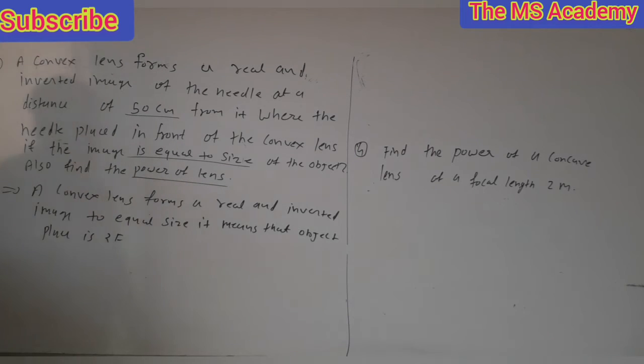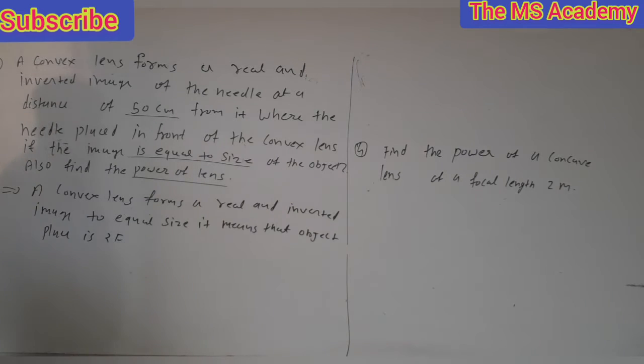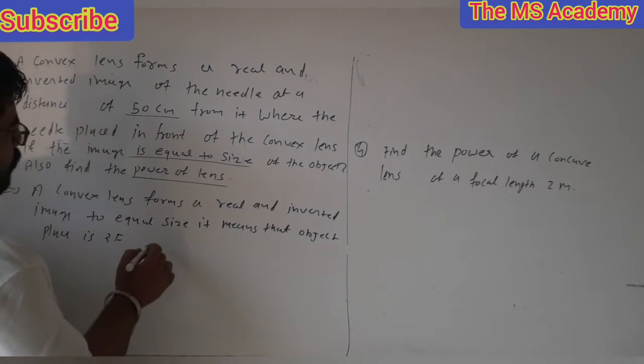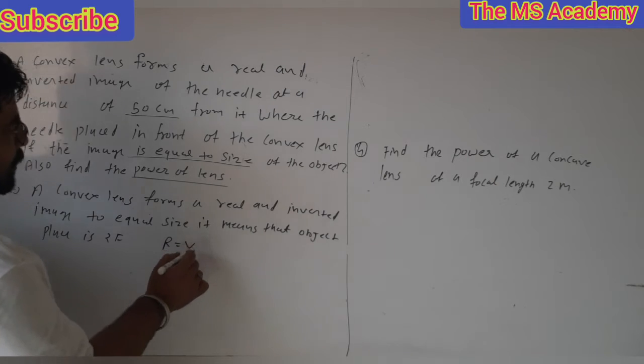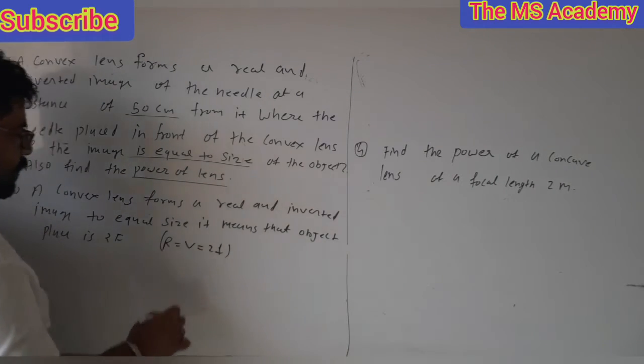We have to know that when the object is placed at 2f, we get the image also at 2f, and v is equal to 2f, meaning image distance v is equal to 2f.